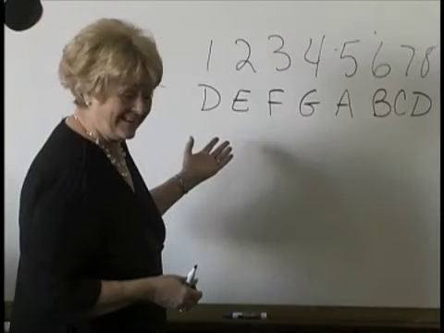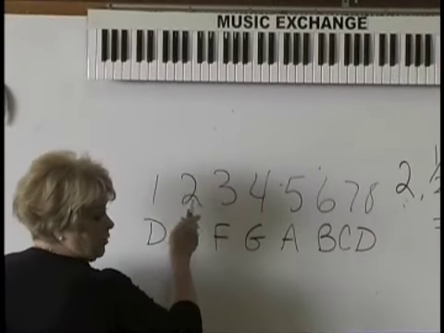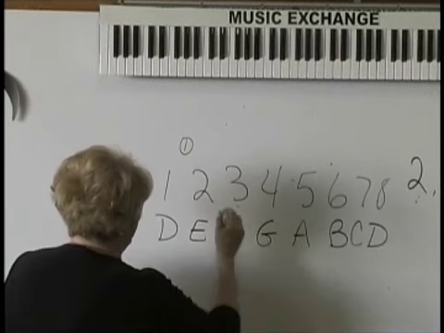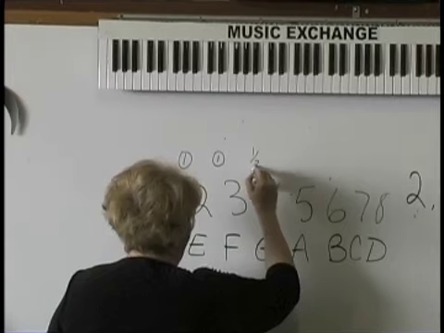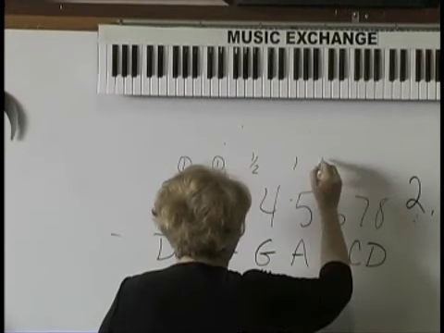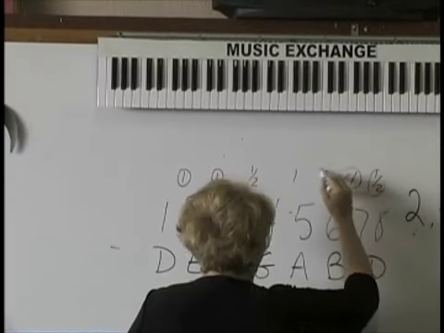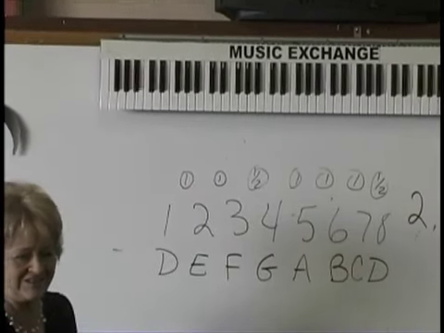I'm going to start on D. What's the rule between 1 and 2? Whole step. Between 2 and 3? Whole step. Between 3 and 4? Half. Whole, whole, whole, half. Okay? So if I have to, I can just write it out like that, just to check myself.